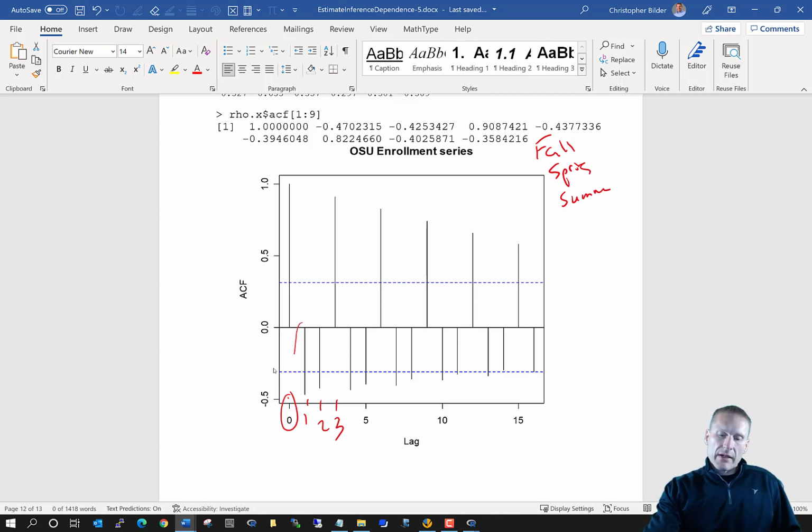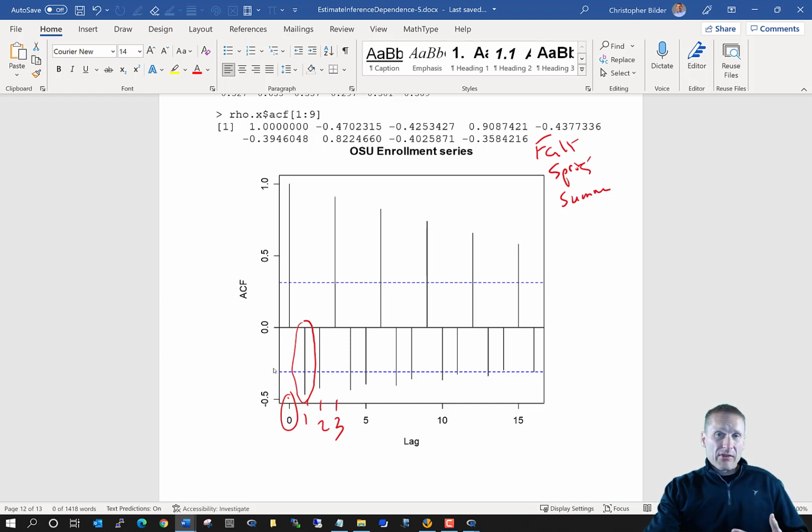Notice I have a decent sized negative correlation. What this is telling me is that if I look at a lag 1 difference, let's say compare fall to spring, or spring to summer, or summer to fall, I have a negative dependence there.